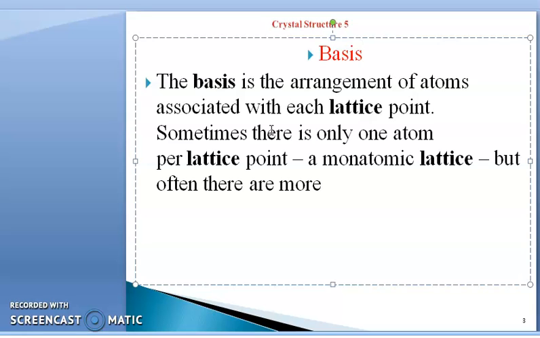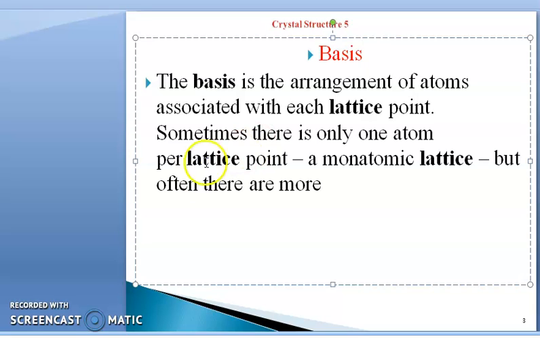Sometimes there is only one atom associated with the lattice point, I mean one atom per lattice point, that is a monoatomic lattice. But in general, usually there are more atoms associated per lattice point. Such an arrangement is nothing but basis.